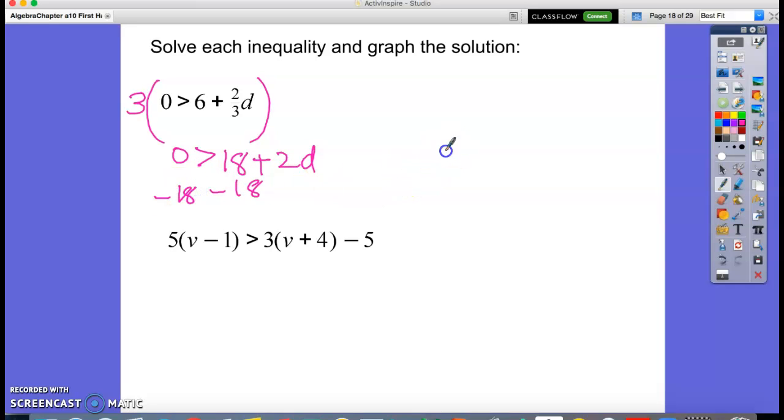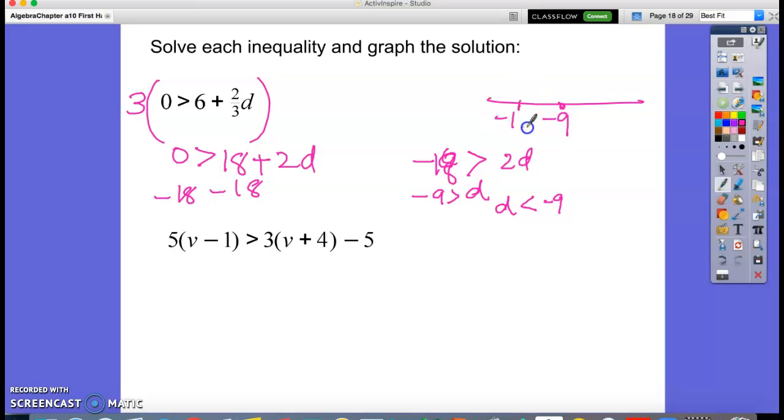So I get negative 18 is greater than 2d, or negative 9 is greater than d, or d is less than negative 9. So the graph will be this. If this is negative 9, this is negative 10 and this is negative 8, less than, so this is the graph.